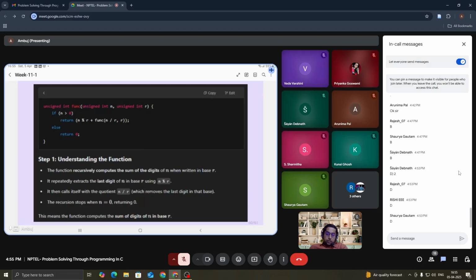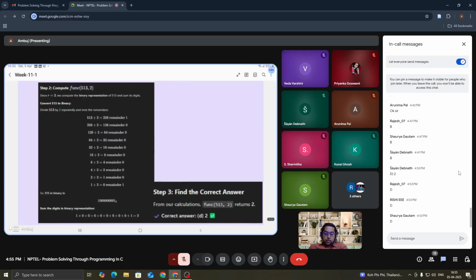The function is recursively computing the sum of the digits of n when written in base r. It repeatedly extracts the last digit of n in base r using n mod r, then calls itself with the quotient n / r. Recursion stops when n is 0. This means the function is computing the sum of digits of n in base r.